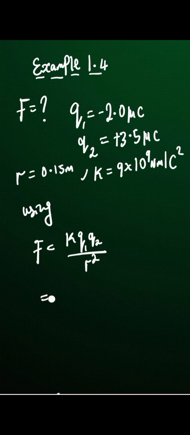When we plug in, K here is 9 times 10 raised to power 9, times, what's our Q1? 2. We ignore the sign. We are not going to write minus 2 there.